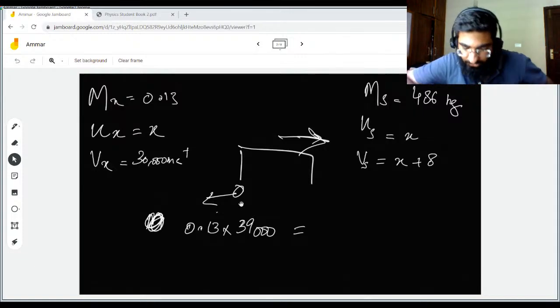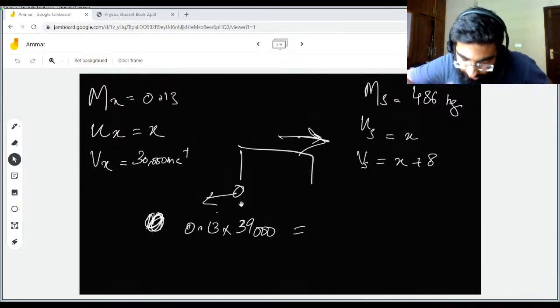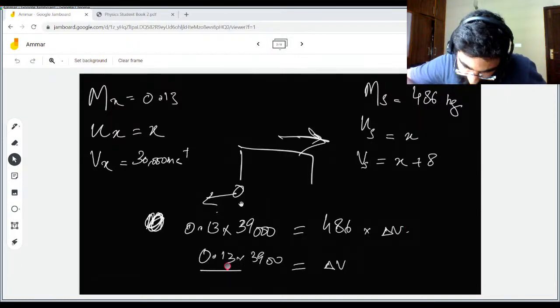The spacecraft would move rightwards with that change in velocity. So this should be equal to change in momentum 3900 this way. For this one, it will be 486 into delta v towards the right hand side.